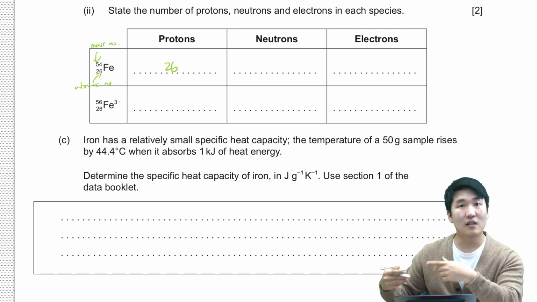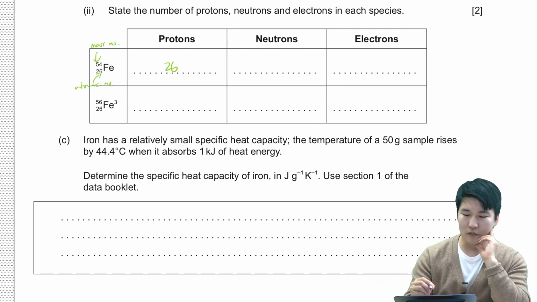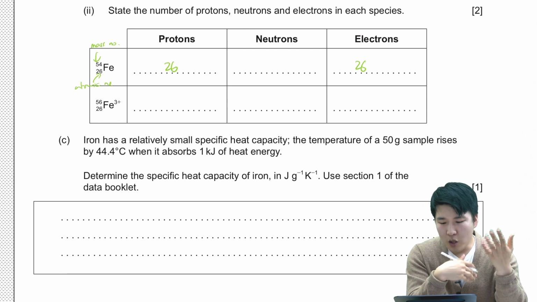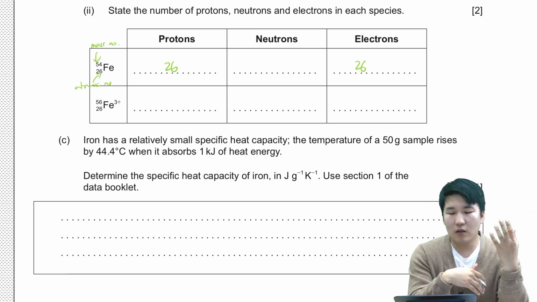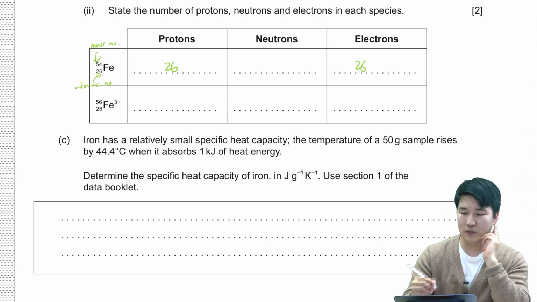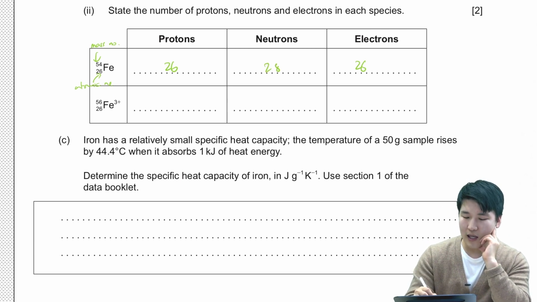Obviously different in ionic state. 26 will also be the number of electrons. And the number of neutrons will have to be the mass number minus atomic number, which would be 28.